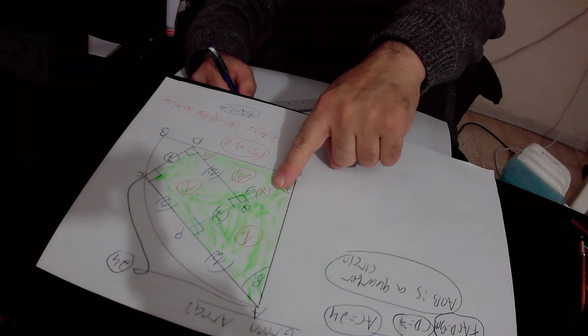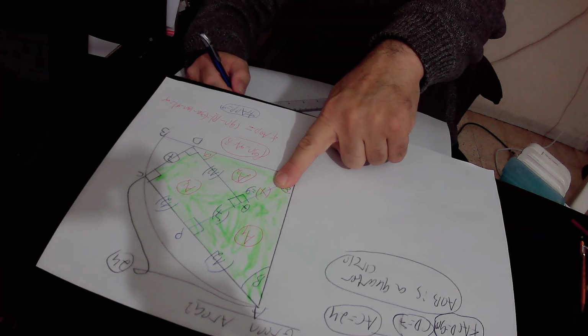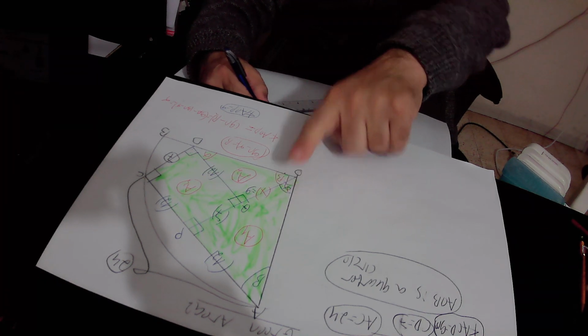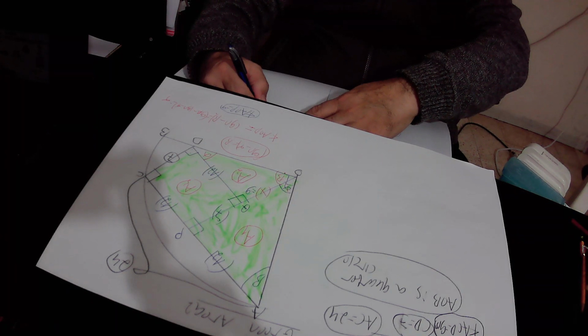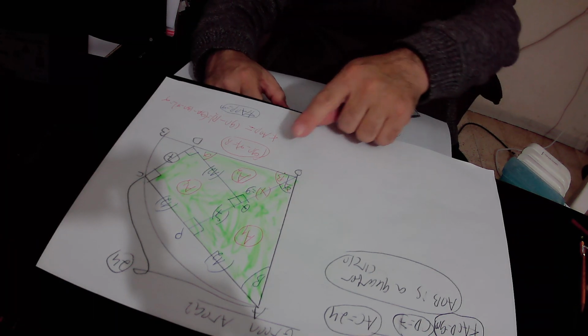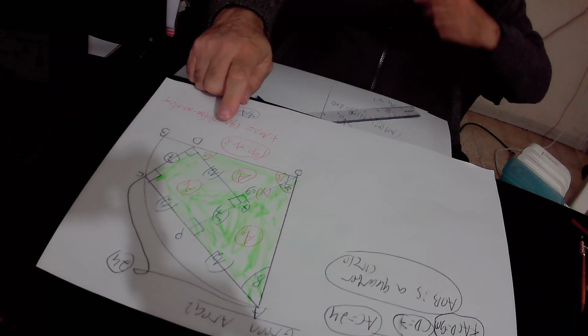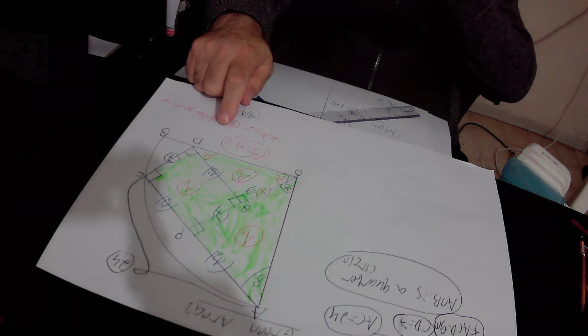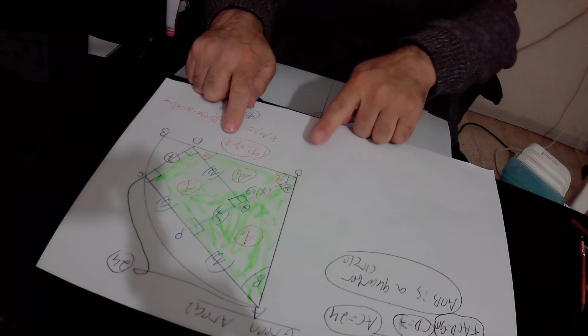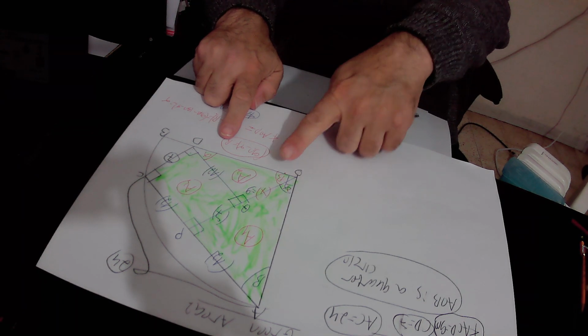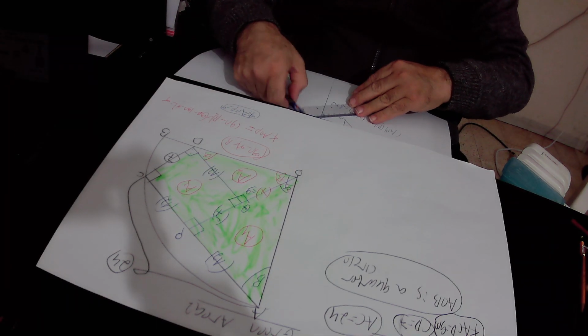OQ equals x, and x is 9, and QD equals 12. QD equals 12 units in its length.